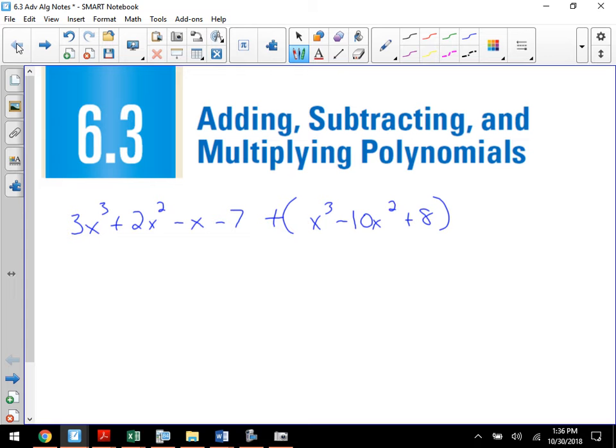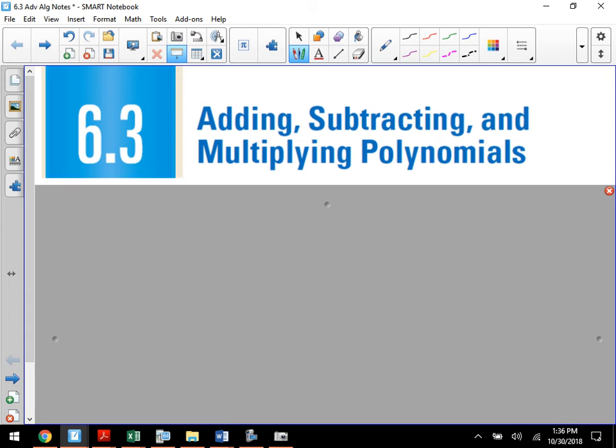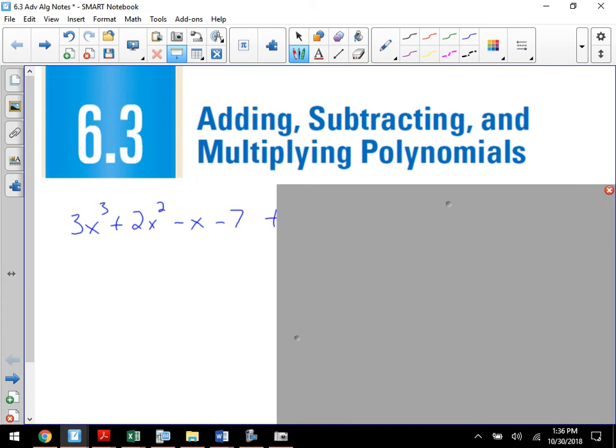When you look at this first term, what's the degree of that polynomial? It's a third degree. Now, it's a third degree polynomial, which means how many terms are in it? It could have up to 4 possible terms.